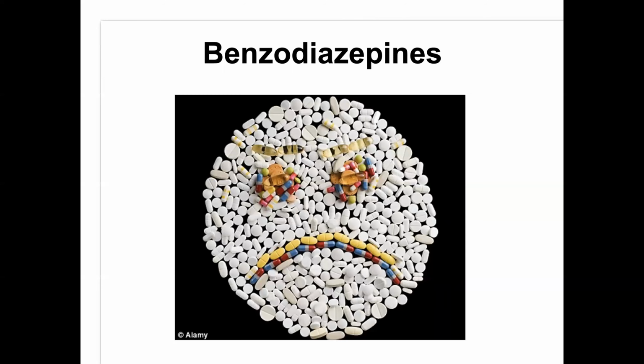A brief discussion of benzodiazepines, the major class of anxiolytics, is in order. There is currently a marked reluctance among physicians to prescribe benzodiazepines because of the presumptive addictive potential. Although benzo use does indeed trigger physical dependence, they are rarely used as drugs of abuse.